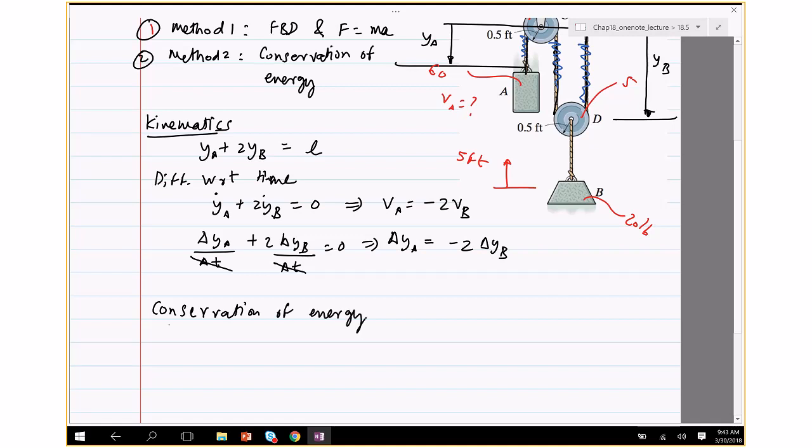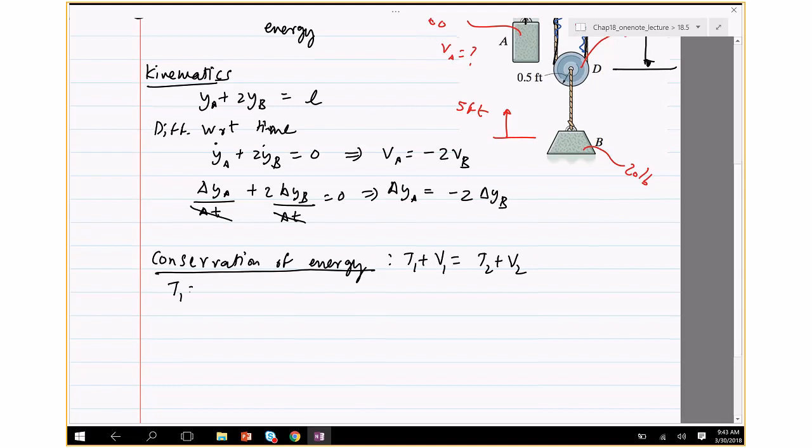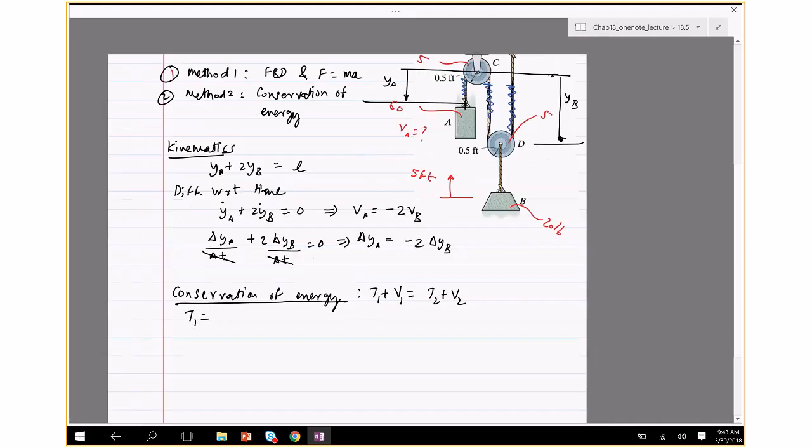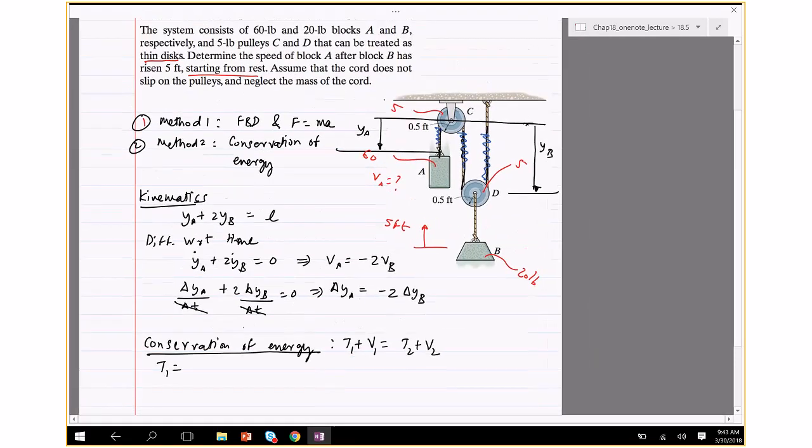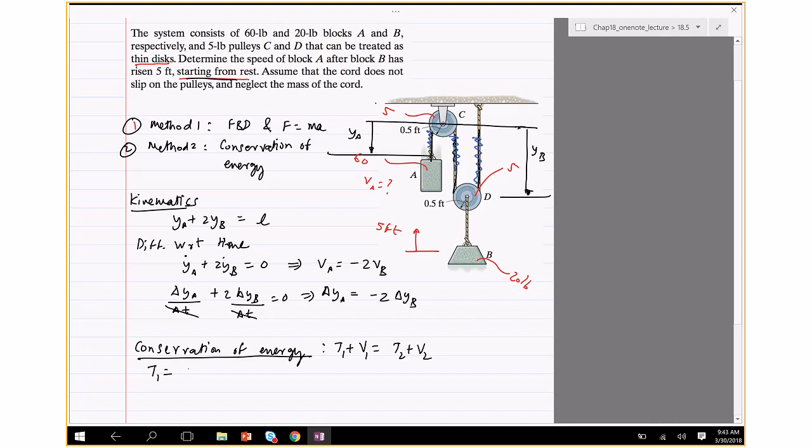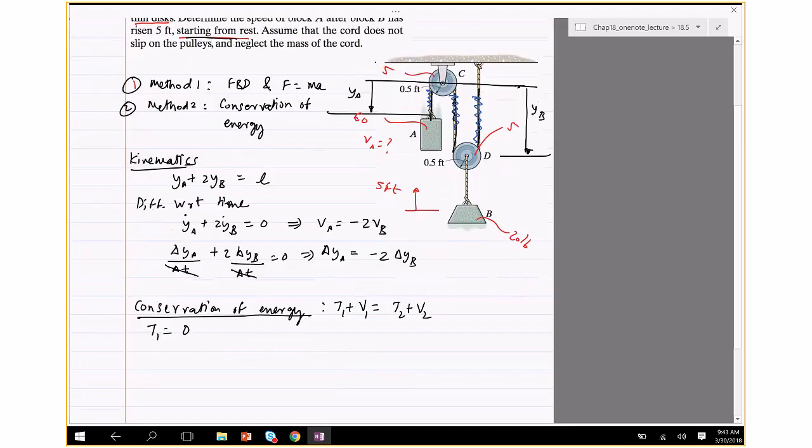Okay, the principle is T1 plus V1 equals T2 plus V2. So what's the initial kinetic energy? Starting from rest, so 0. What's the final energy? Well, let's see how many objects there are.